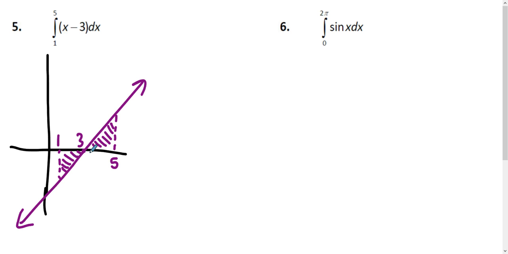And if that's the case, then this area above the x-axis is some positive number, and this area below the x-axis is the negative of that number. So that integral value is 0, because the area above the x-axis generates a positive integral value, and the area below the x-axis generates a negative integral value, and they are the same in area. So this integral is 0. Similarly, this integral is 0.